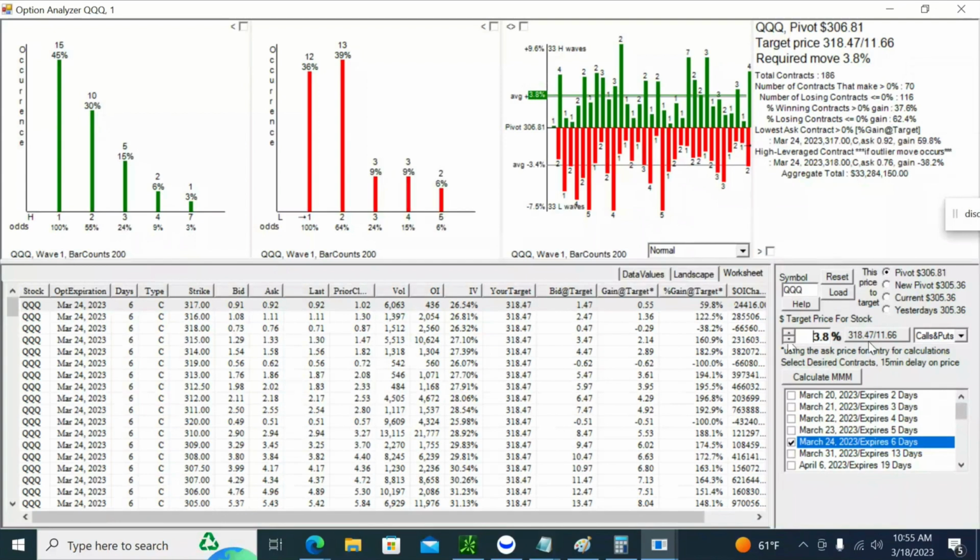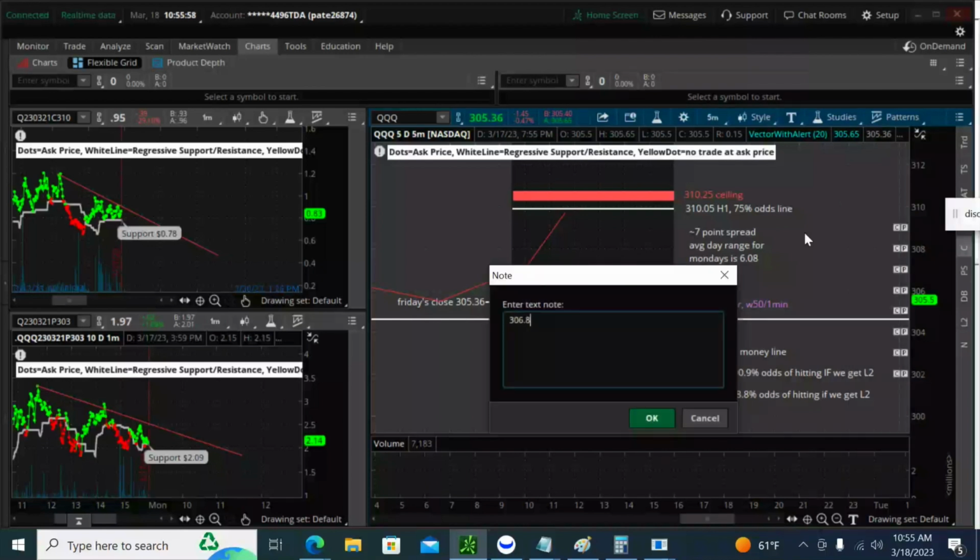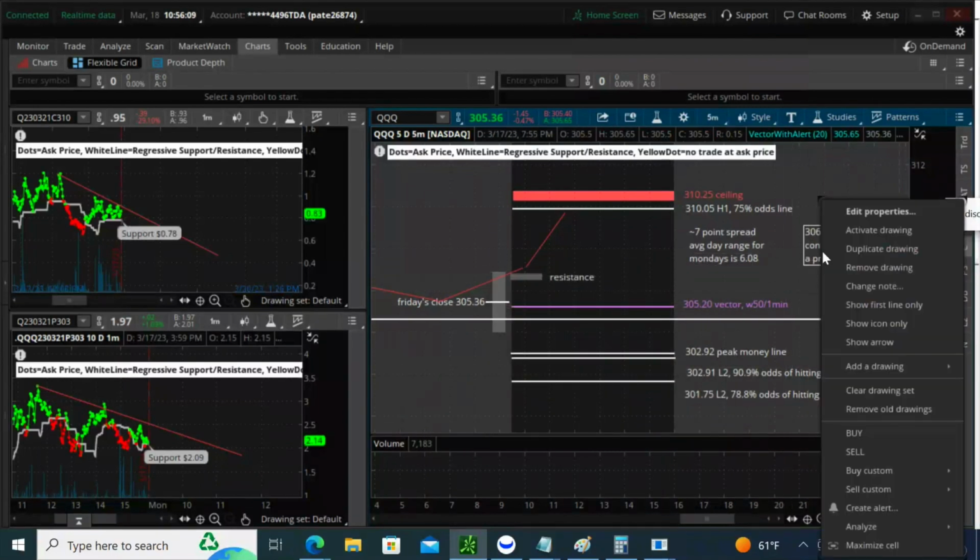What I want to do is bring that down to, and I'll show you exactly for Friday where it's typically going to land. With the contracts that have traded, we're now at 21% of the contracts have a gain at 306.89. When I talk about gain, basically the premium's getting tacked on.